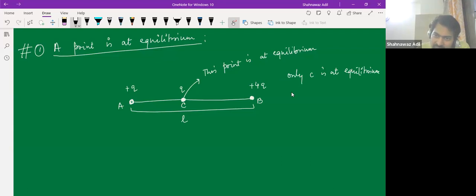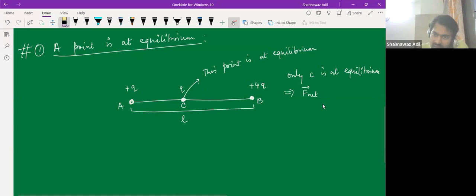Which implies, what would be the force on this point? Zero, right? So F net at C would be 0.